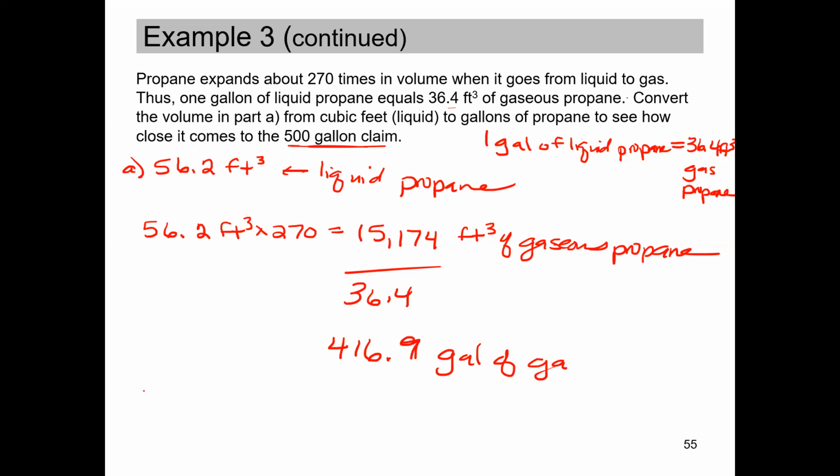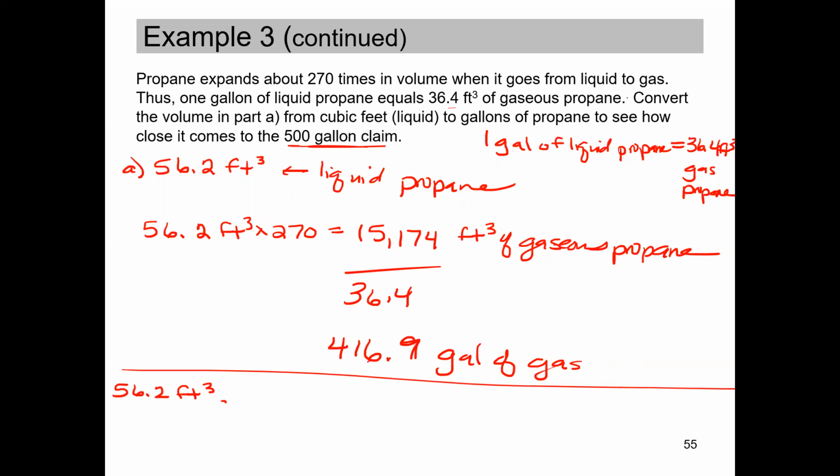Another way to look at this was, okay, I've got cubic feet. So I have 56.2 cubic feet of volume, and I want to get it to gallons. What is that in gallons?